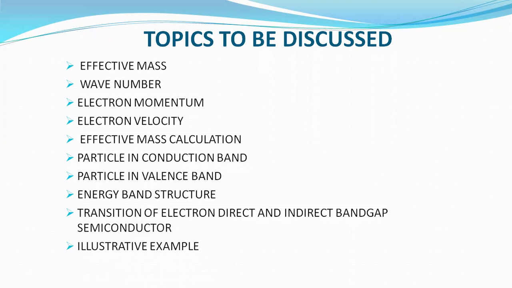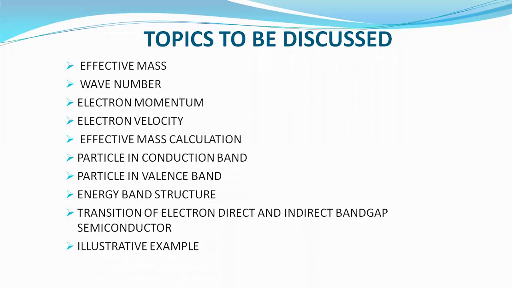Depending on this binding energy, the mass of an electron can appear different for different situations. It is relative. Actually, electron mass is fixed, but for different situations, the relative effective mass of the electron can vary.